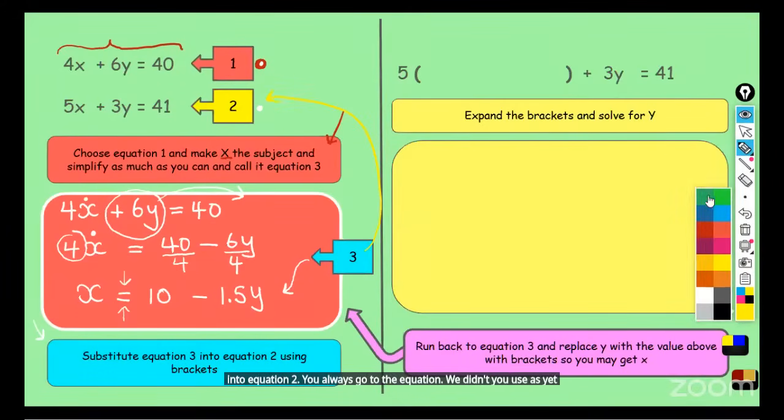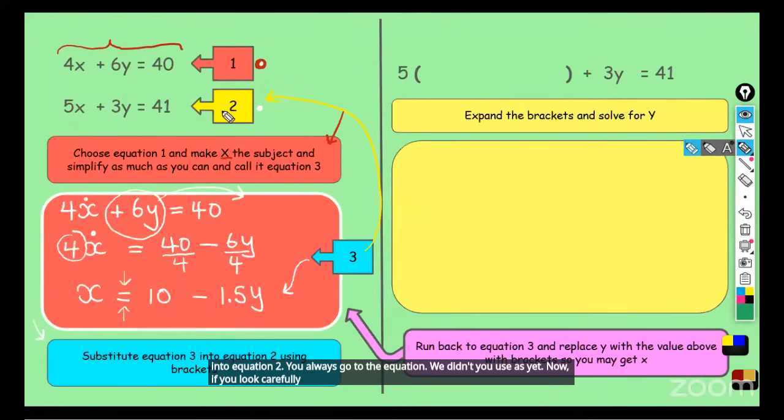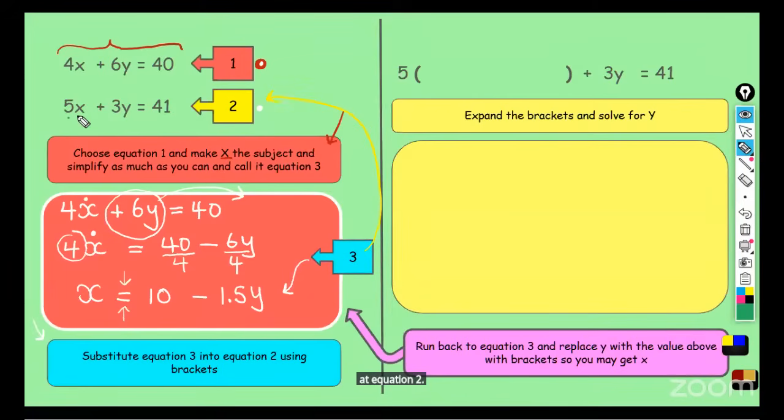Now, if you look carefully at equation 2, it says 5x plus 3y is equal to 41. You notice equation 2 has an x here. How about this? Isn't x the same thing as 10 minus 1.5y? So here's what we're going to do.